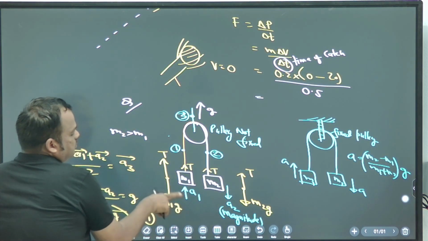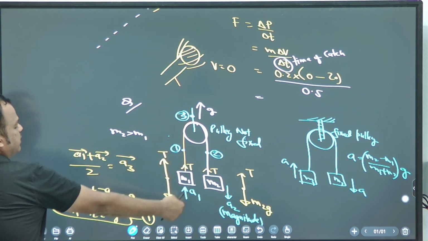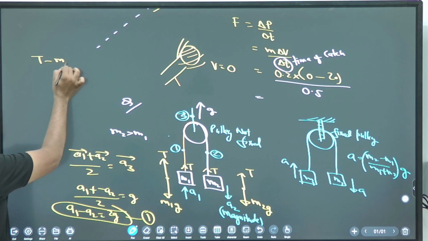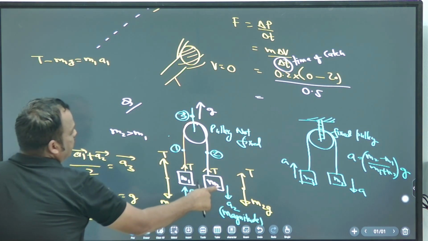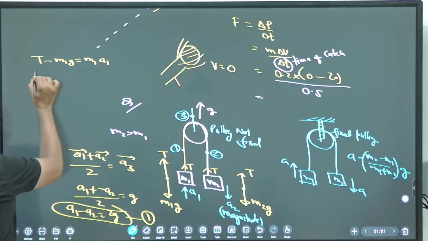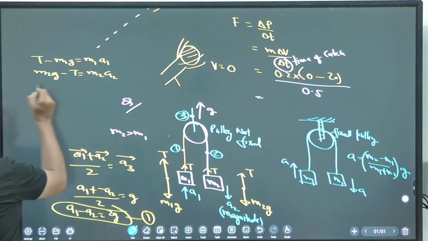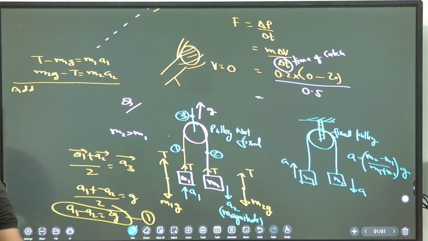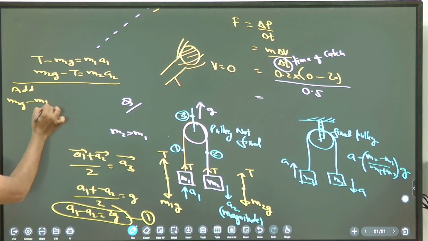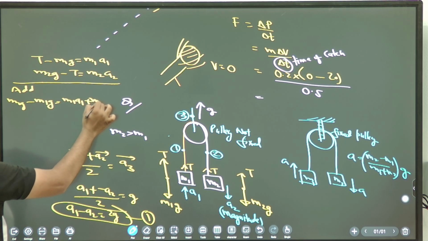Now, for M1 what do you write? T minus M1g is equal to M1 a1. For M2 what do you write? M2g minus T is equal to M2 a2. Now, if you add these, M2g minus M1g is equal to M1 a1 plus M2 a2.